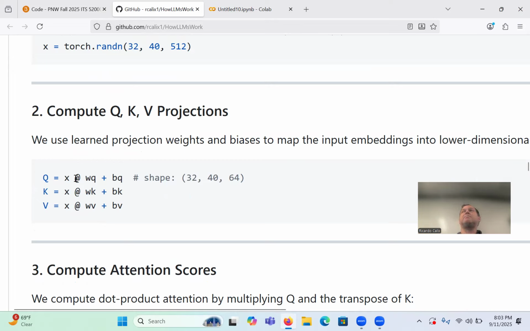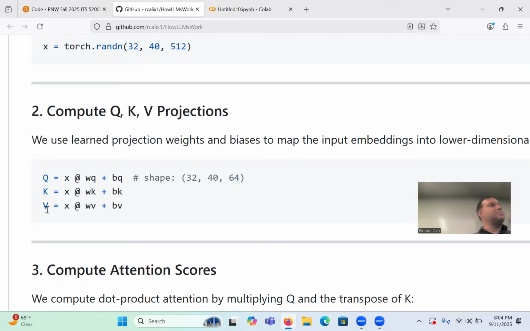Remember, what is the at sign? It's the matrix multiplication. So you're essentially taking X, matrix multiplied with a weight matrix, and adding a bias over here, and you transform X into Q, you transform X into K, and you transform X into V. Do you see that? It's the same operation we've been using before.